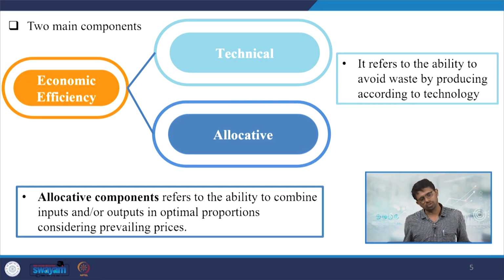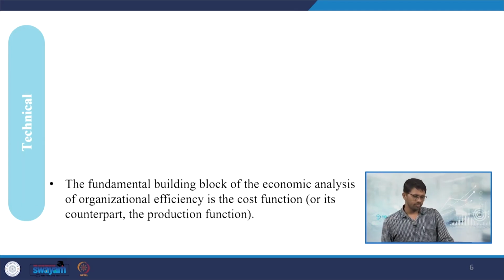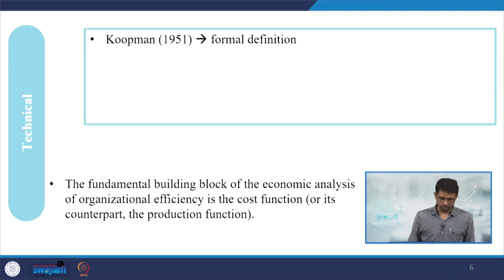Given the production function, how can we best allocate or combine inputs to have optimal outputs. That is all about the concept. The fundamental building block of the economic analysis of organizational efficiency is the cost function or its counterpart, the production function. So, either cost optimization or production optimization are the two key directions where we will be emphasizing.